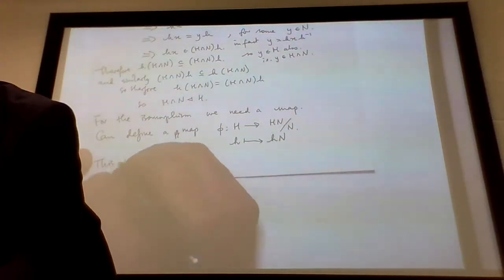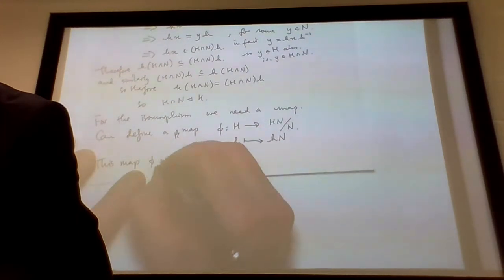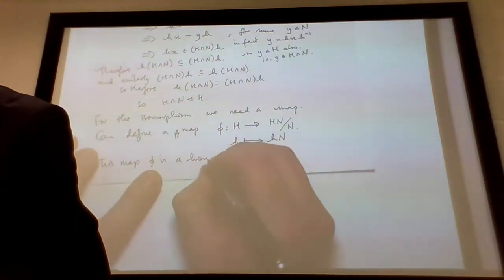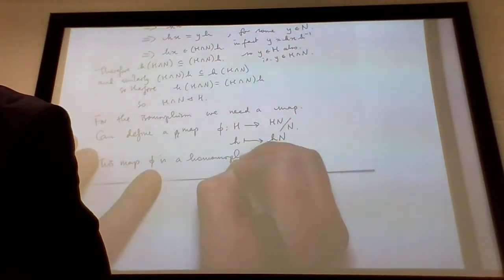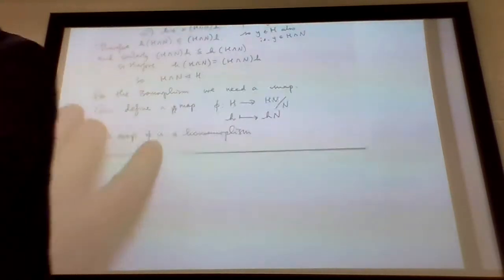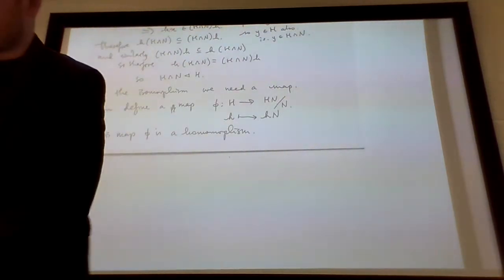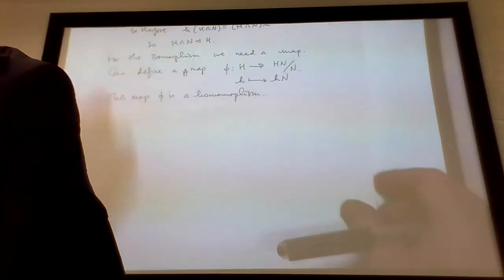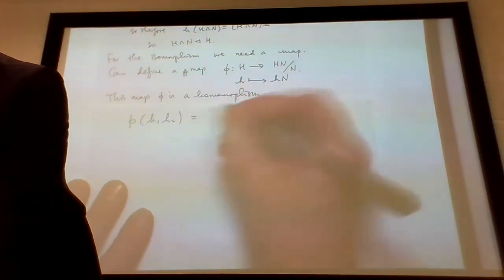So a few things about phi. This map is a homomorphism. I think that's clear, isn't it? Because what happens when you try to do phi of h1 h2?